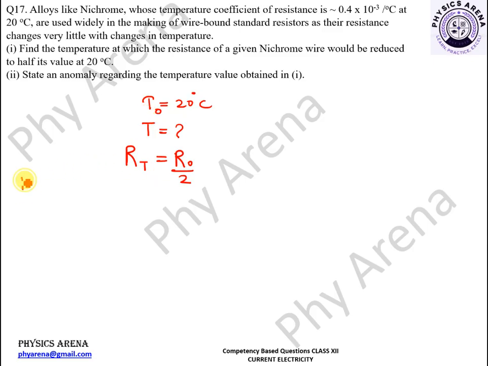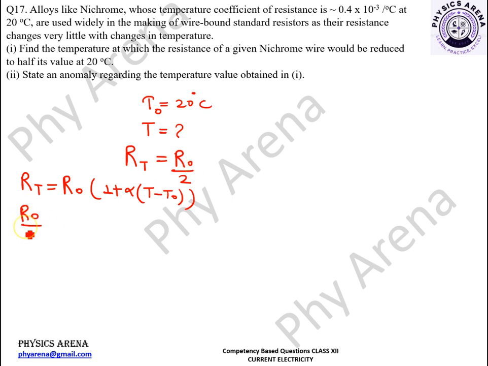By the formula, we know resistance at any temperature T is equal to R naught times 1 plus alpha times T minus T naught, where R naught is the resistance at reference temperature and T is the temperature at which we have to find the resistance RT. It is given that RT should be equal to R naught by 2.